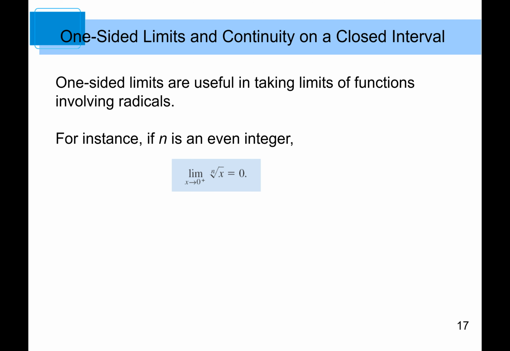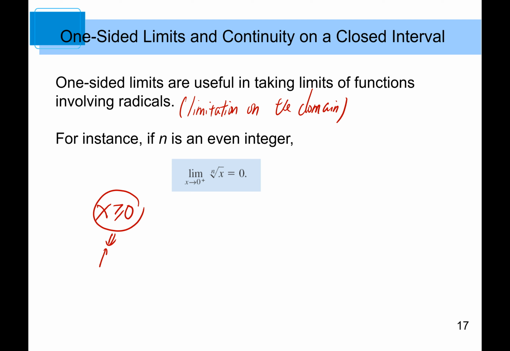One-sided limits are used when taking limits of functions involving radicals because of the limitation of the domain, right? For instance, if n is an even integer, then the domain for the function nth root of x must be greater than or equal to 0. So as you can see, you can only go from 0 on the right hand side, right? Because x must be greater than or equal to 0.